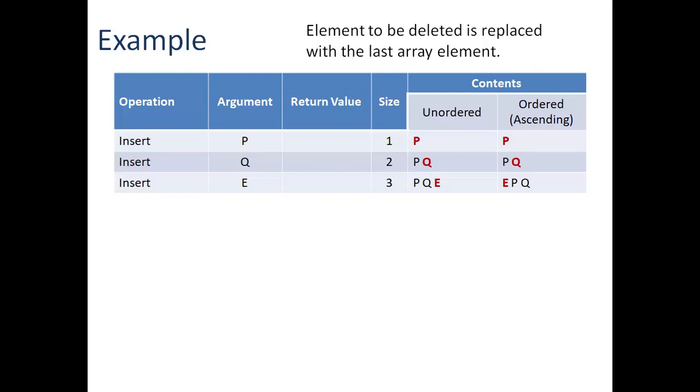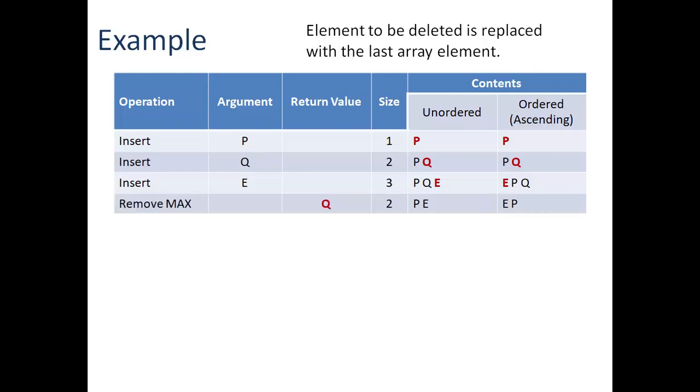Then we have to insert E. In unordered version, E is inserted at the end. However, in case of ordered version, E is inserted before P as well as Q. That is, E is inserted at the first position.